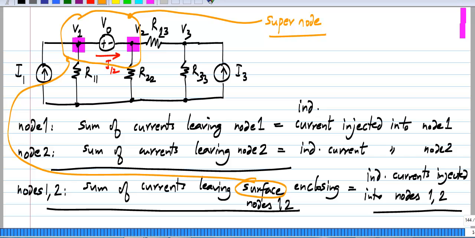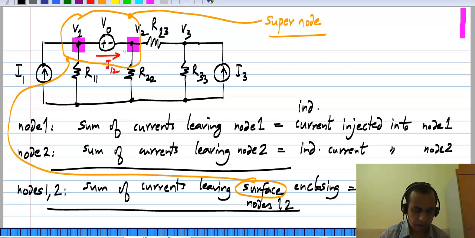You still have the same variables V1, V2. The super node consists of multiple nodes, each with its own voltage. So the point is you don't have to worry about the currents going from node 1 to node 2. So you still have these terms corresponding to V1 and V2.